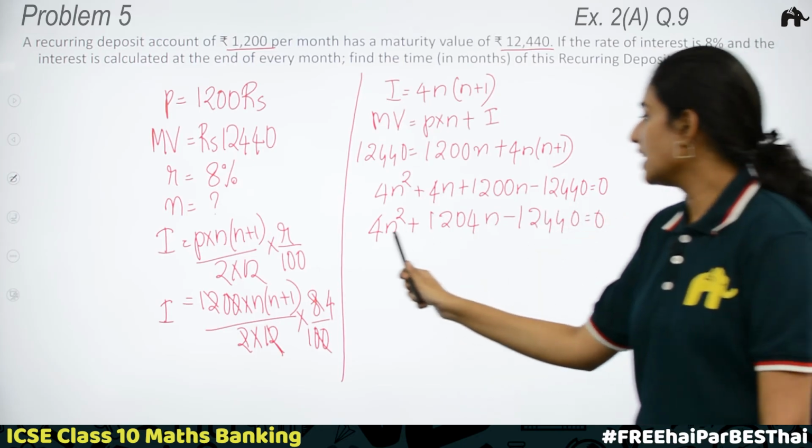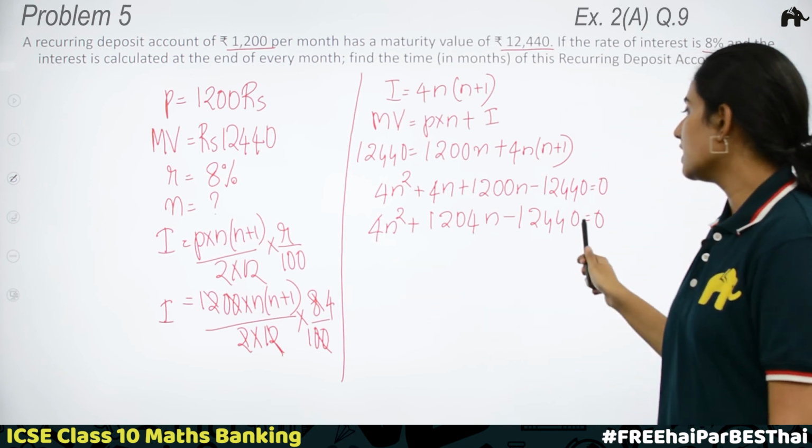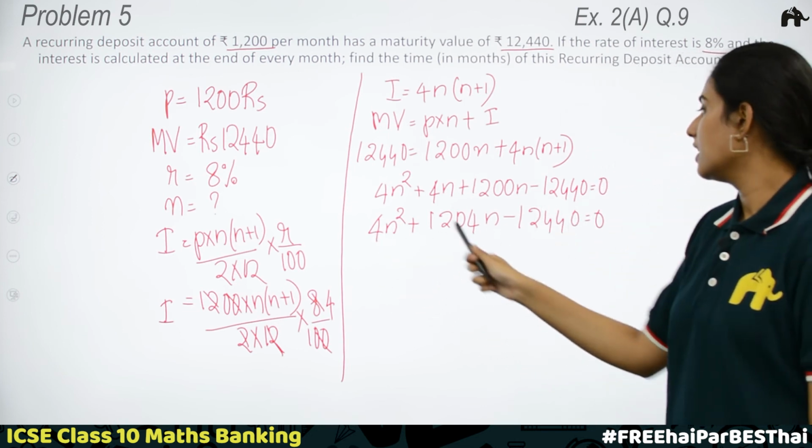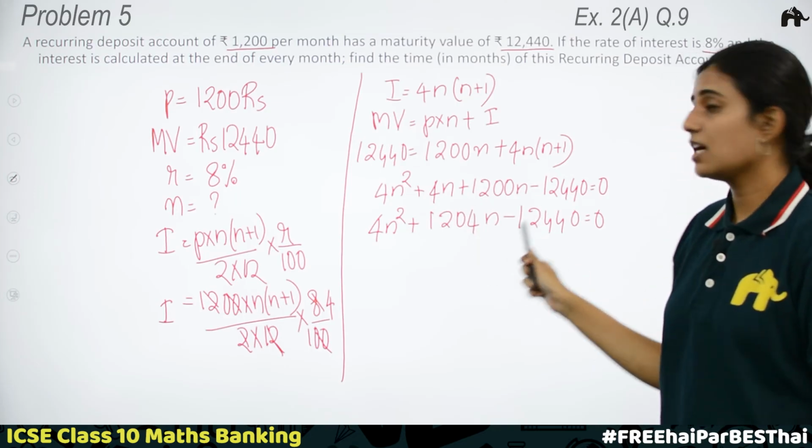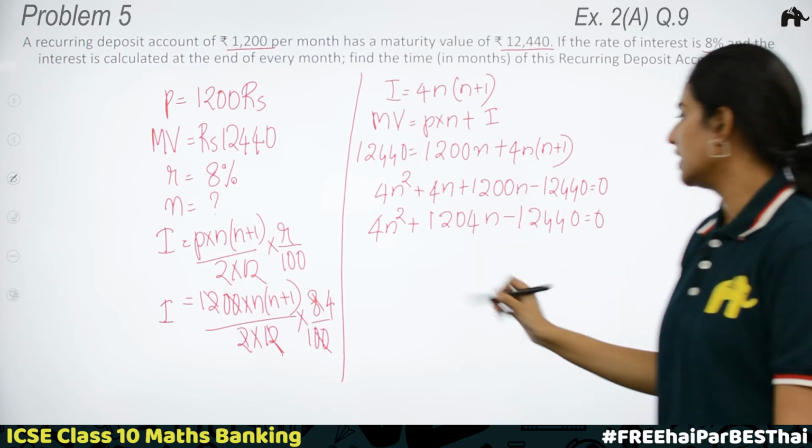Here we can cancel throughout by 4 because all of these numbers are multiples of 4.